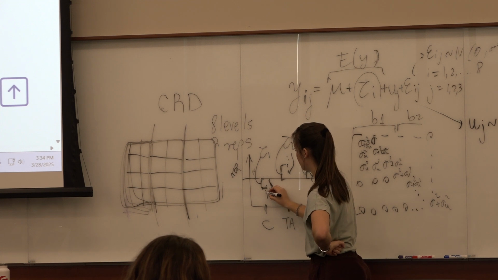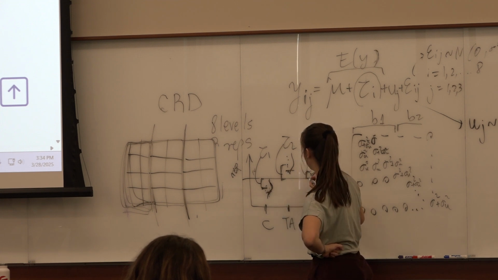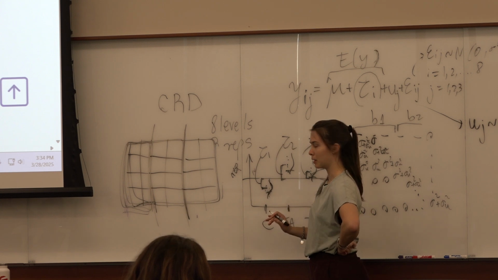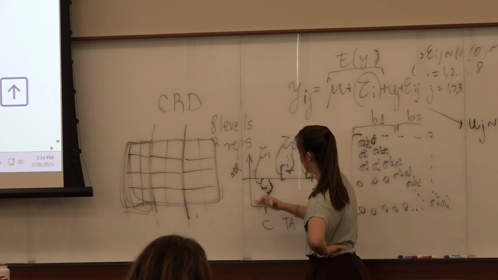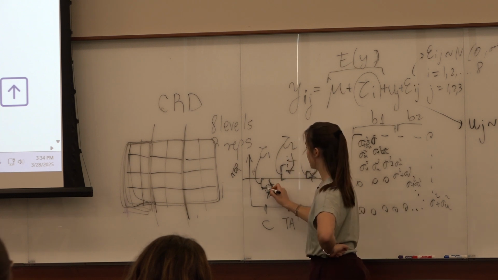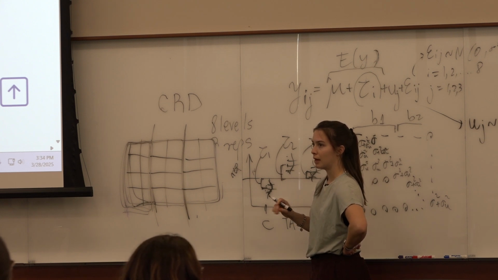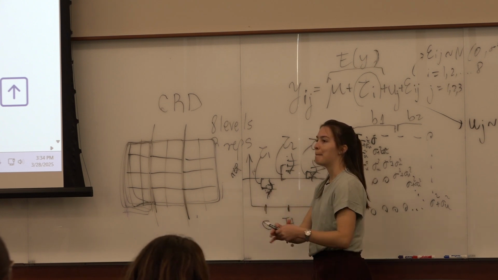We say, okay, block 1 was a little bit lower for all, and that was the random effect of the block. Block 2 was here. Block 3 was here. And then the error.